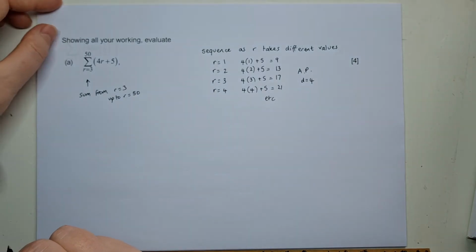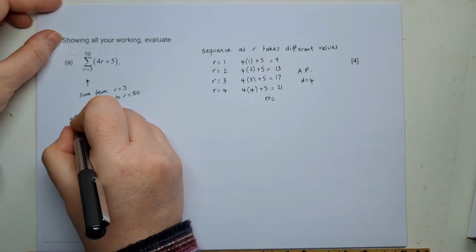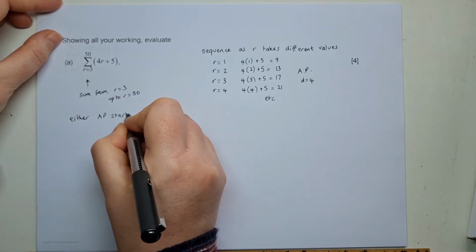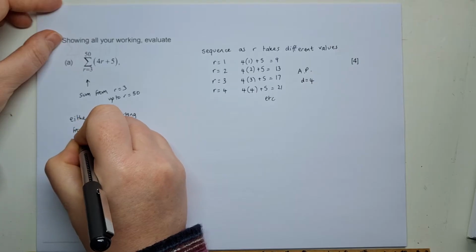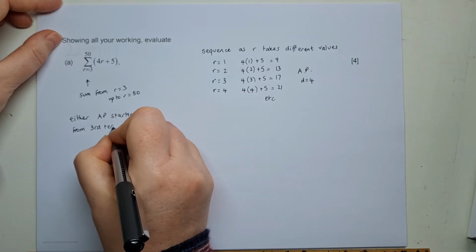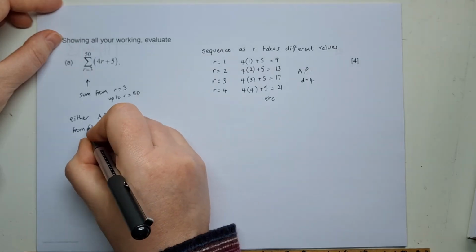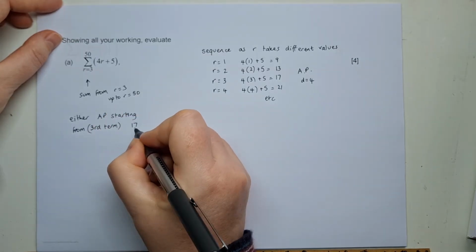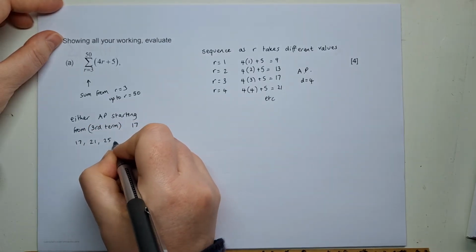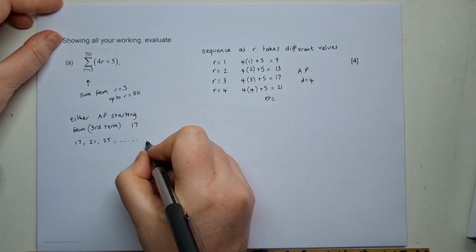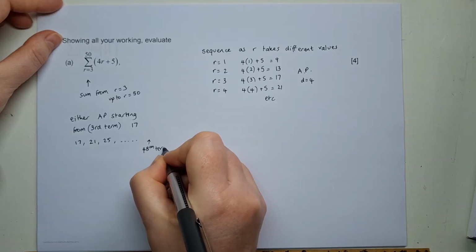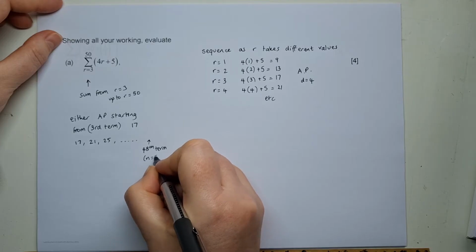So if we took our AP starting from the third term of 17, so we go 17, 21, 25 all the way up, we'd actually need to go up to the 48th term, because that would be when n is 50.